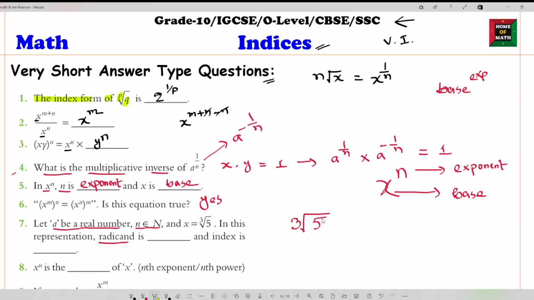The radicand is the number inside the root, and this is the index. So in this case the radicand is 5 and the index is 3.